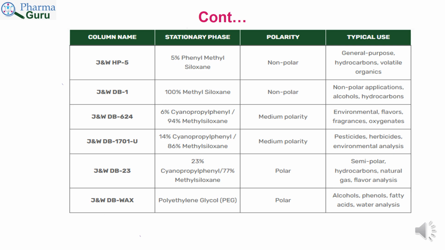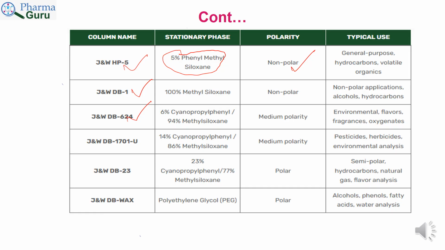Generally, we see in the method written DB1 column, DB5 column, DB624 column, what they are. Suppose DB5, it contains 5% phenyl and 95% dimethyl polysiloxane. It is non-polar and it is used for separation of non-polar molecules.